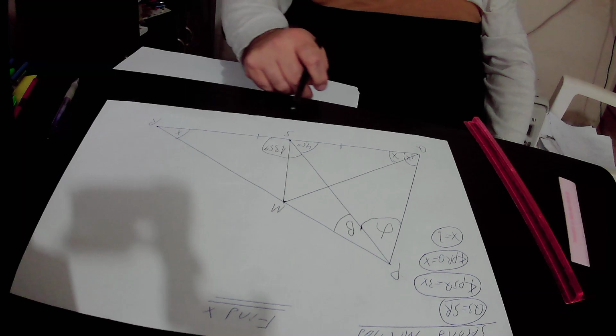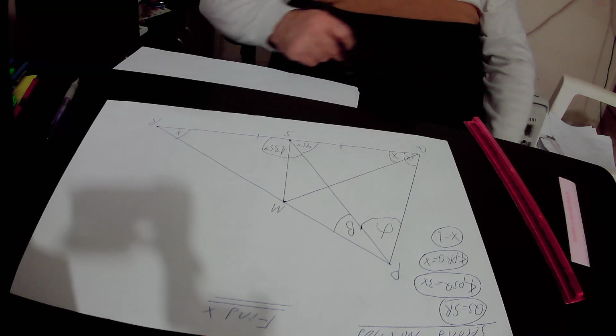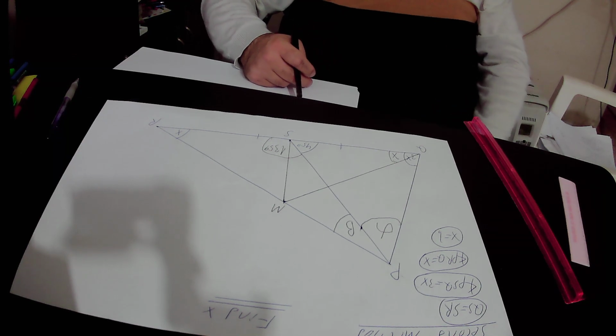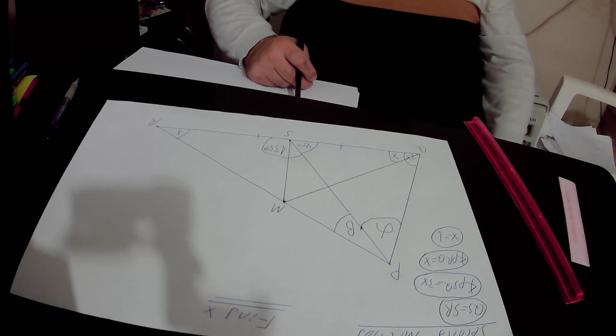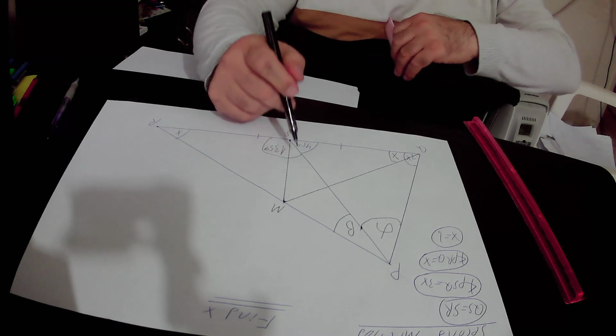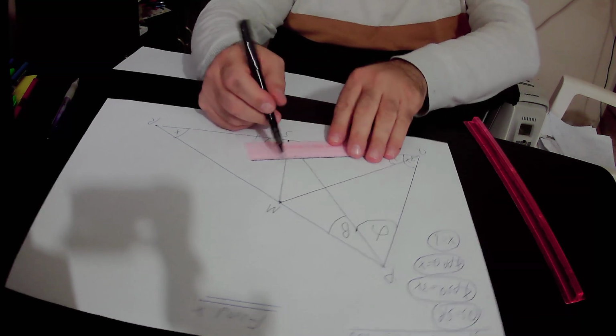The median to the base bisects the base, and as you can see, indeed the median MS bisects the base because QS equals SR according to what is given in the question. But according to rule number 3, the median to the base of an isosceles triangle not only bisects the base, but it is also perpendicular to the base. That is to say, the median MS is perpendicular to the base.